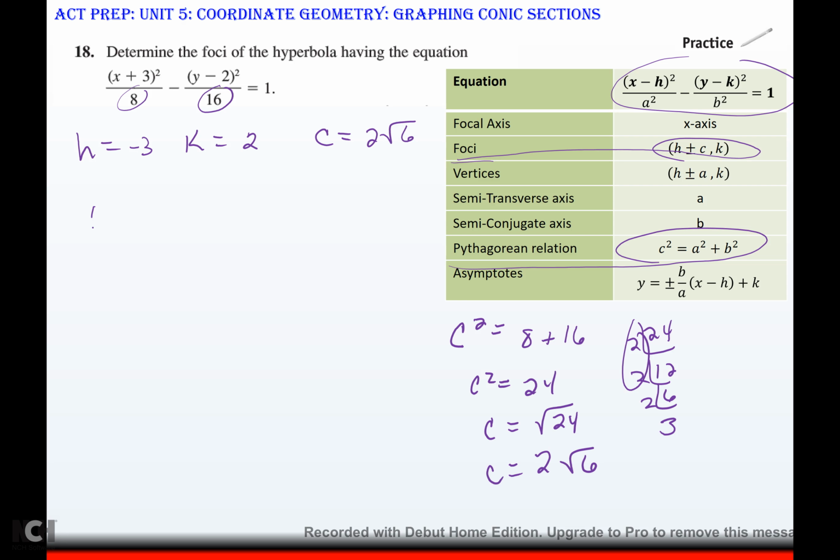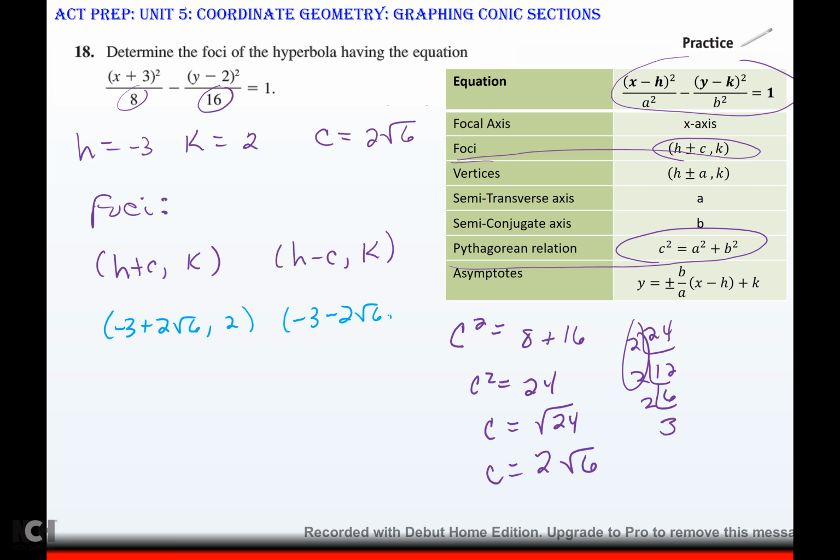So my foci are going to be at h plus c comma k and h minus c comma k. So if I set this up, I'm going to have negative 3 plus 2 square roots of 6 comma 2 and negative 3 minus 2 square roots of 6 comma 2.